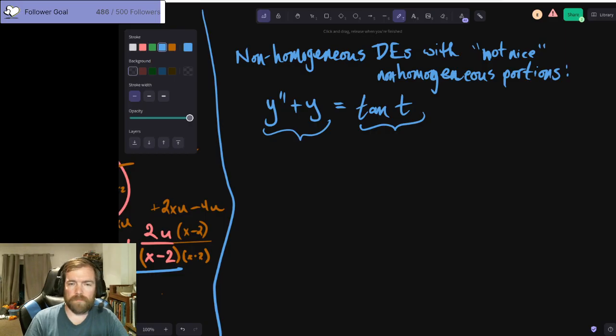Alrighty. So if we go through our homogeneous portion, how do we do that? Let's write down a characteristic equation. Looks like lambda squared plus 1. Sounds good. So again, we let y homogeneous, null space, look something like e to the lambda t.